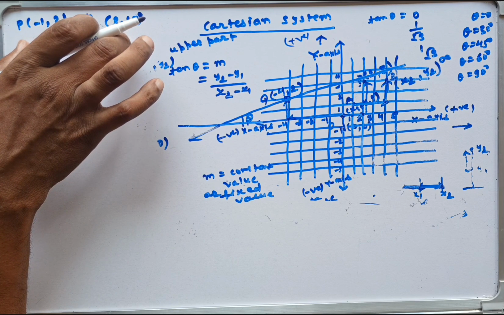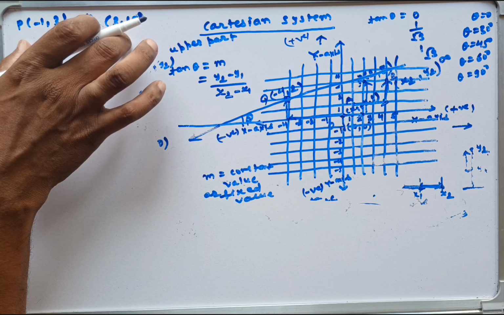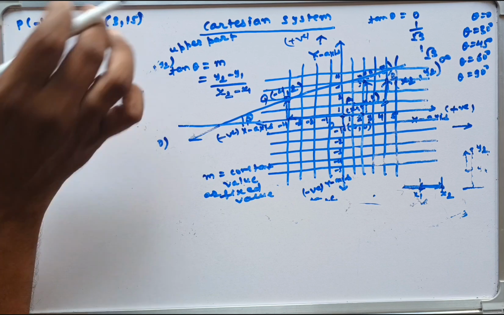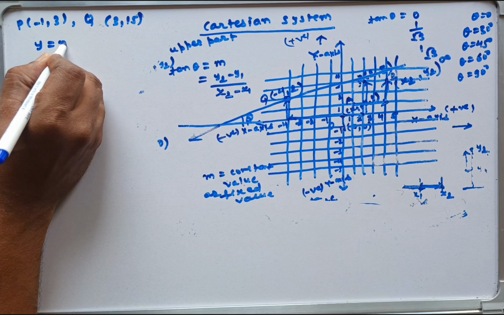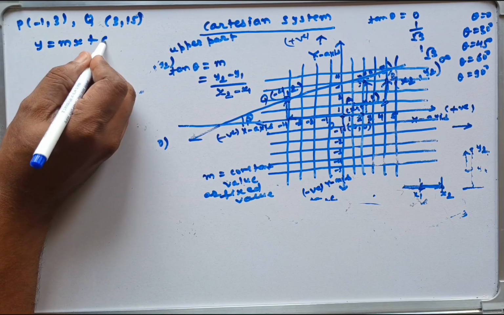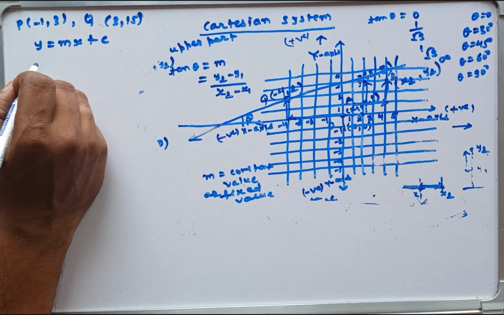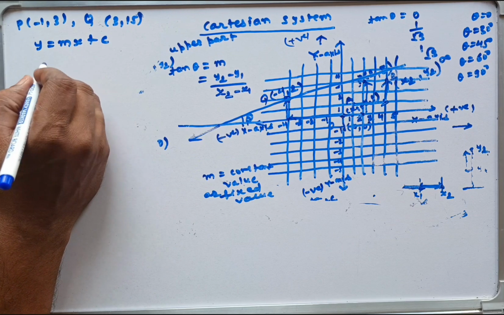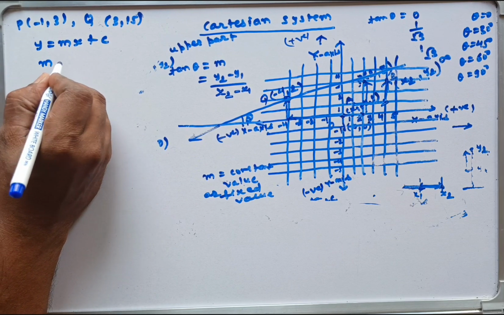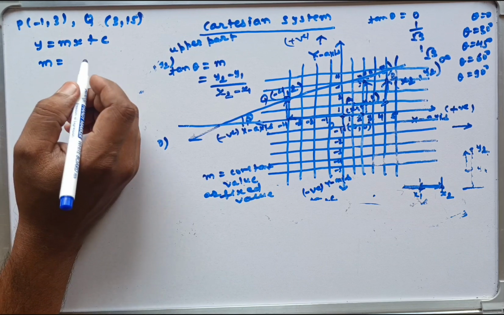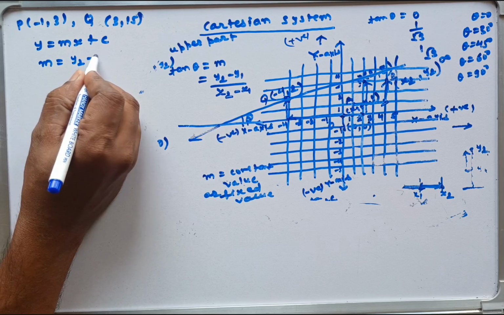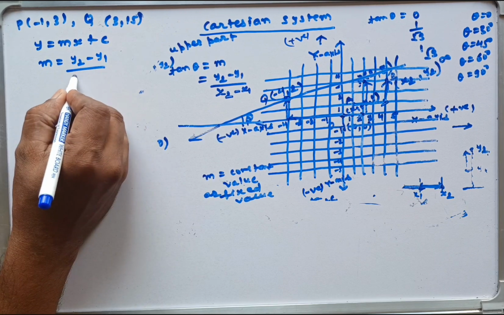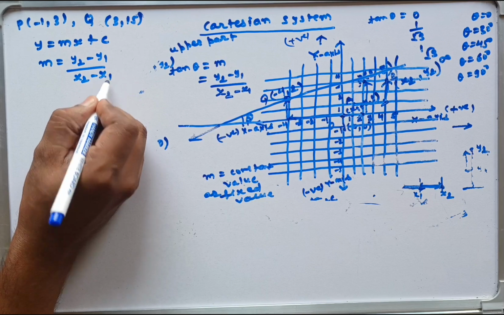So guys, you know that the general equation of a straight line is y equal to mx plus c, where you can write m equal to the difference in vertical distance, y2 minus y1, divided by x2 minus x1.